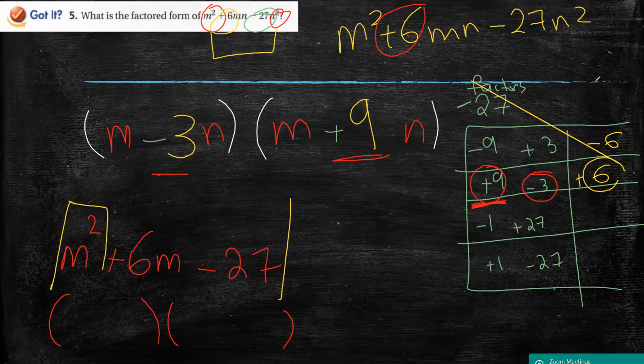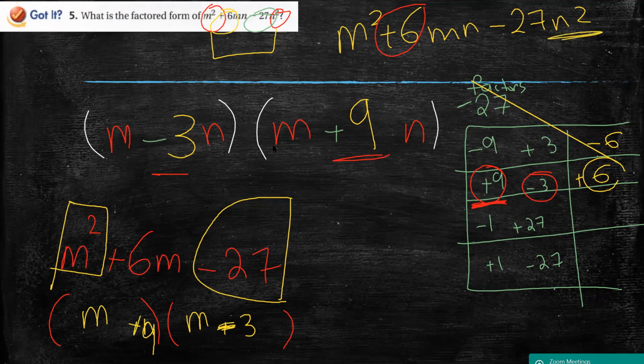In the beginning we have m squared, and at the end we have only a constant. So the thing that comes with the variable must be a number. But if we have another variable, like in this example, we must write a number with a variable.